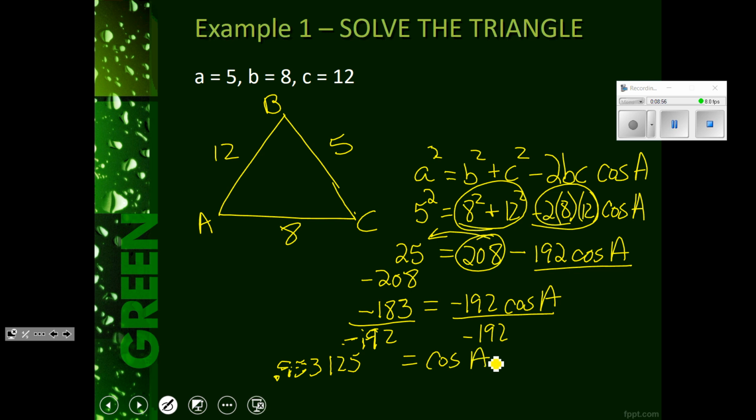How do I get rid of the cosine? We're going to take the inverse cosine, or cosine to the negative 1 of this decimal, and when you apply it over here, they will cancel. And so A is going to equal, got it to the nearest tenth? 17.6? All right, so our first angle is 17.6 degrees.